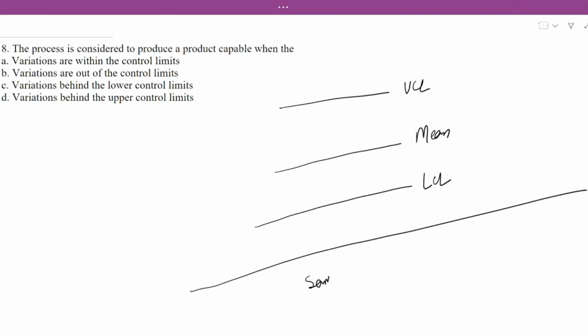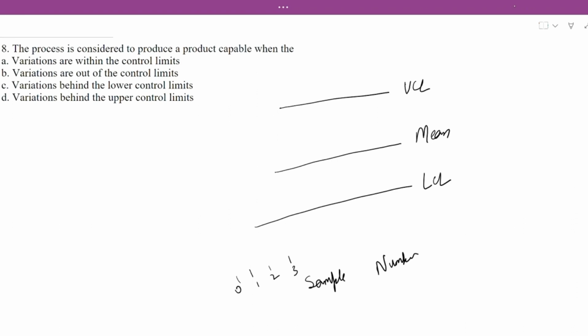This is the sample number. Let's consider 0, 1, 2, 3, 4, 5, 6, 7, 8, 9, 10, 11, 12. Now this is the quality characteristic.